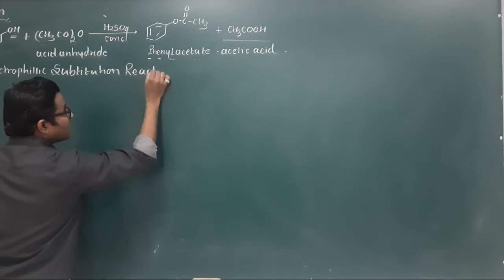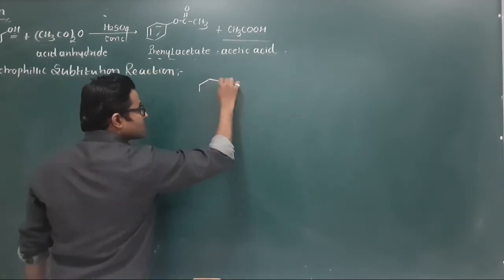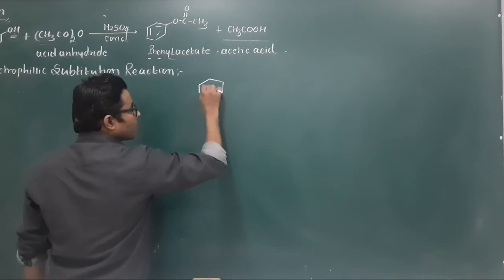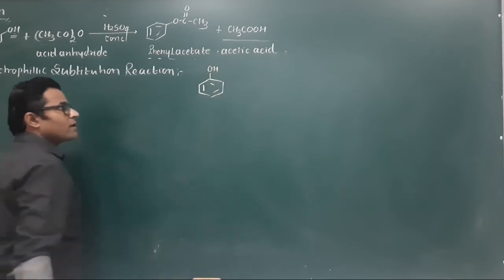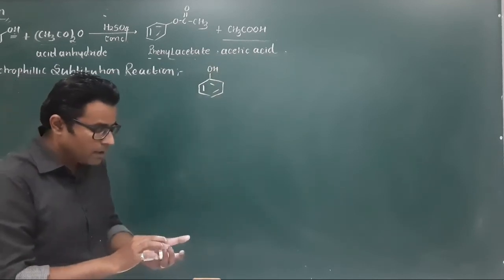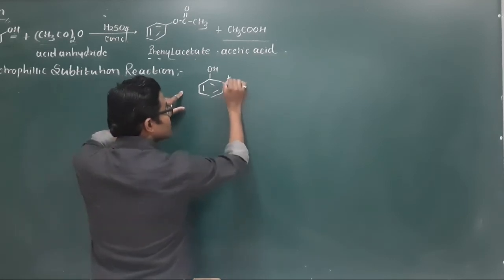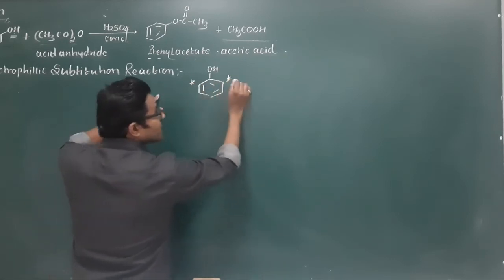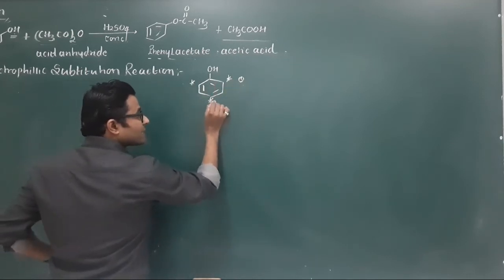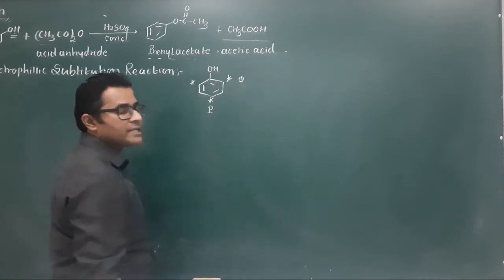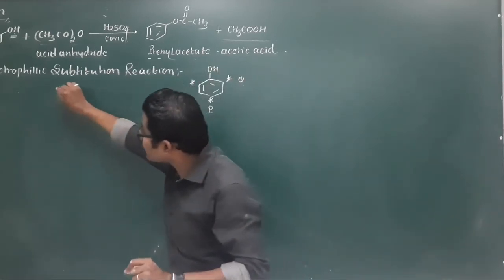Now, let's try and understand this. When we have a benzene system connected to an OH group, of course we have phenol. This OH group activates two positions: it activates the ortho positions and the para position for electrophilic attack.